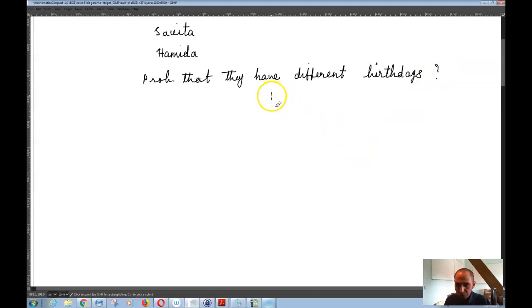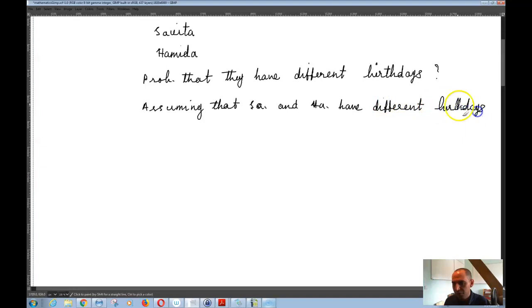Okay, so to solve this problem, assuming that Savita and Hamida have different birthdays, let me start with the probability.